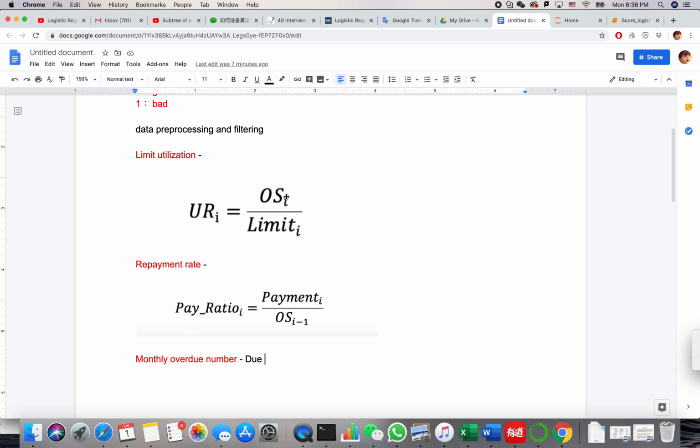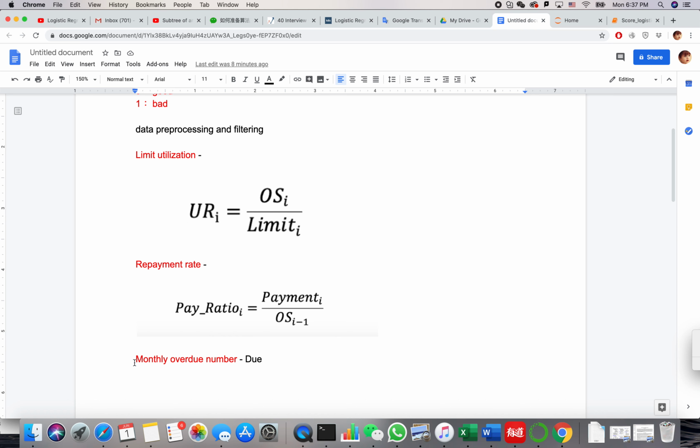So at this time, for the limit utilization, we can just set it to 0. And for the repayment rate, if the outstanding is 0 or less than 0, that means they don't need to pay the bank. So at this time, we can set the pay ratio equal to 1.